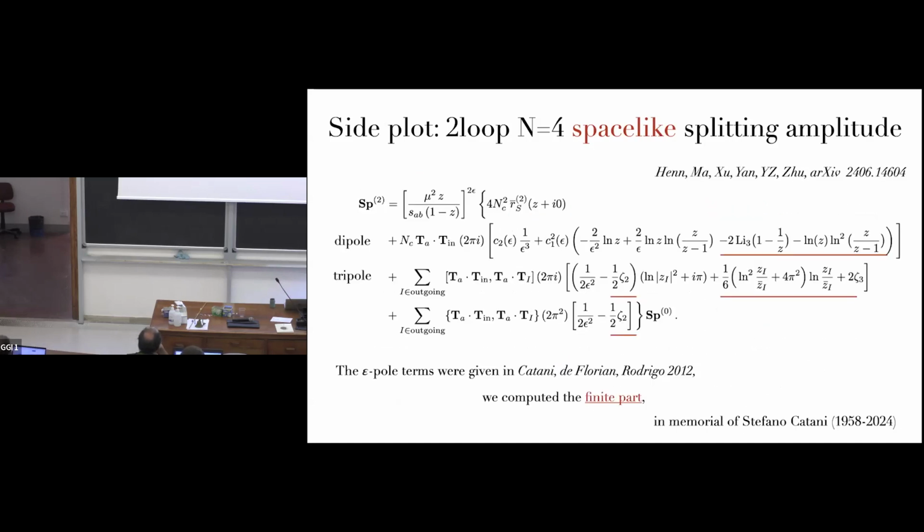Especially we find some very complicated variables, these zi variables, which would be some kind of cross ratios of spinor products, but I'm not going to talk about the details.